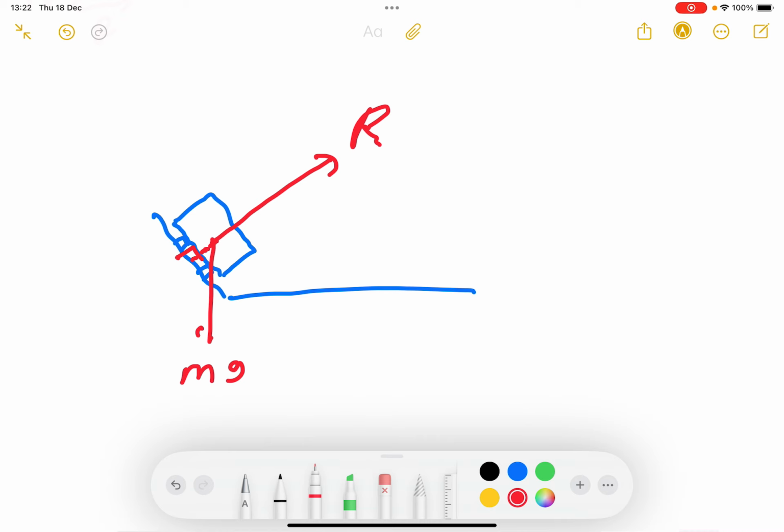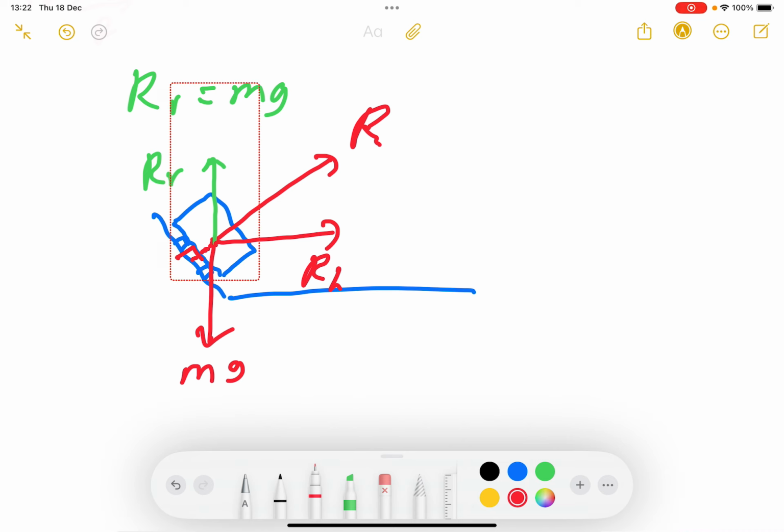And then vertically, we have an equilibrium. So the vertical component, RV, of the reaction must be equal to the weight going down, mg. And similarly, we must have a horizontal component of the reaction, and that's our centripetal force.